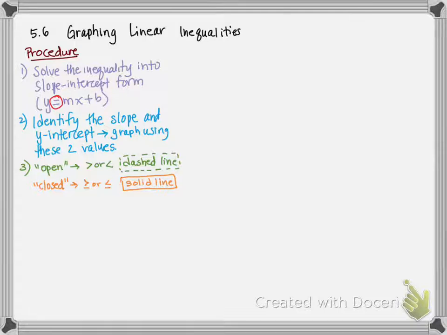Now, how do we deal with the shading right or shading left? Well, this is how we're going to look at it. We're going to shade above. That's going to be the same as kind of our right.